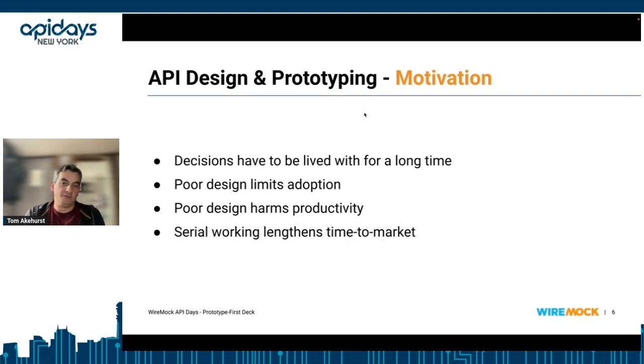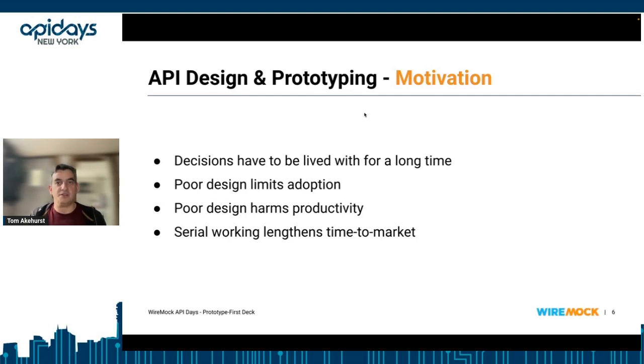And another final thing that's somewhat unique to APIs, we have this serial working problem, and this is particularly acute in internal API situations, or maybe where APIs are being used to enable a partnership between two businesses.